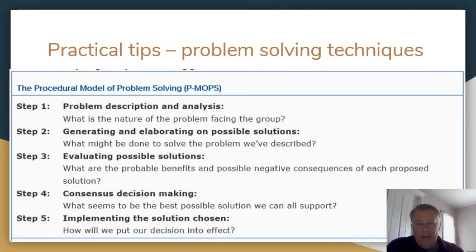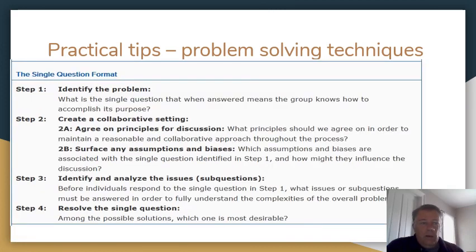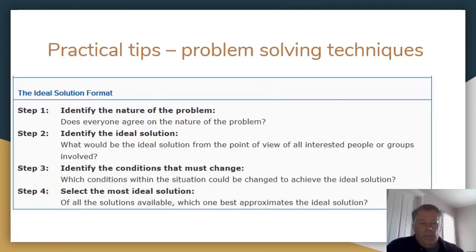Here we are kind of, again, separating the two. These are more about the problem solving, figuring out the problem, as opposed to the decision making. So we have what's called the PMOPS technique. We have something that's called single question format technique. And then finally, we have what's called the ideal solution format. This might be the easiest one.